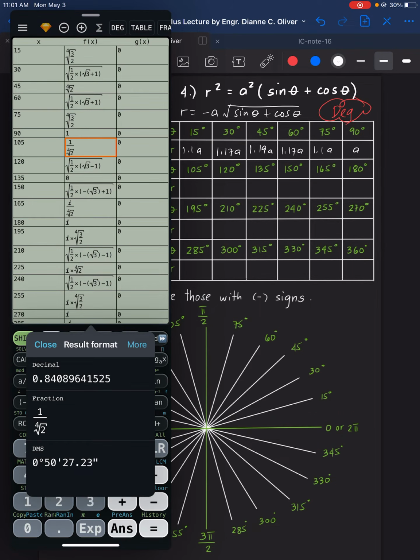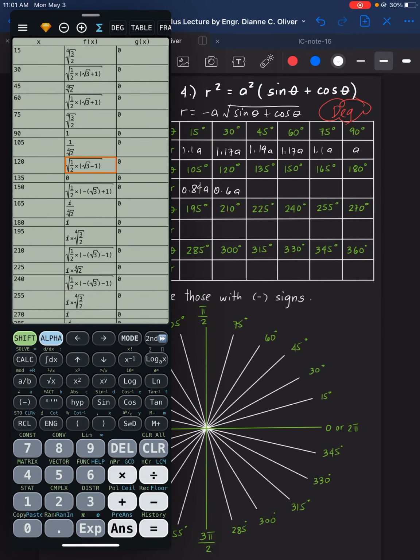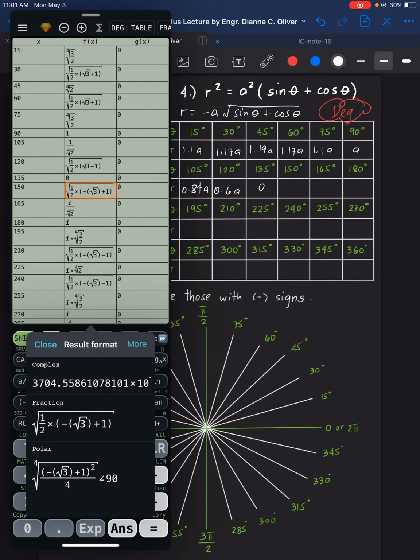Then we have here 0.84a, 120 is 0.6a, 135 is 0. So this ones here is already too big, complex.